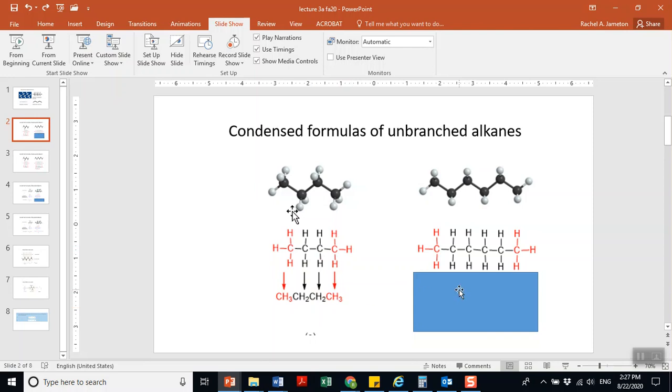So just take a moment, you might want to pause and see if you can write the condensed formula for hexane, which is shown here on the right.